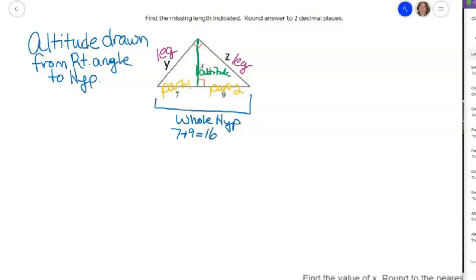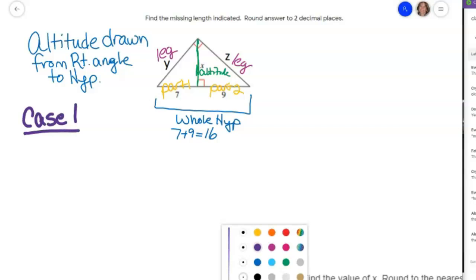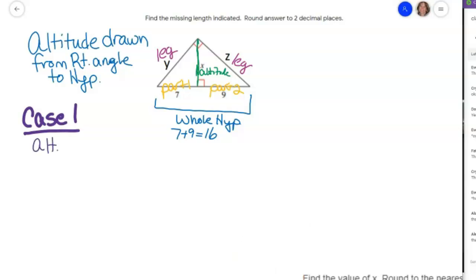Our first case, which we'll call case 1, is going to be my altitude as geometric mean.